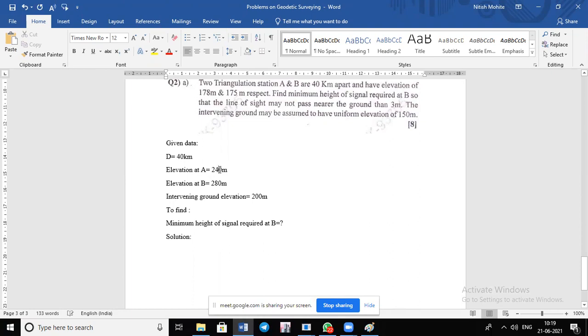Elevation at A is 178 meter. Elevation at B is 175 meter. Intervening ground is 150 meter. They are asking to find the minimum height of signal required at B.